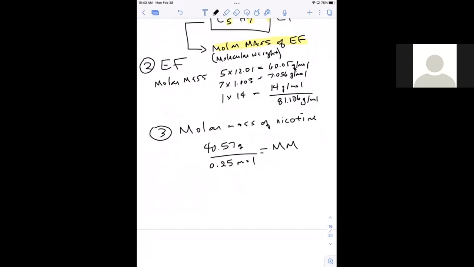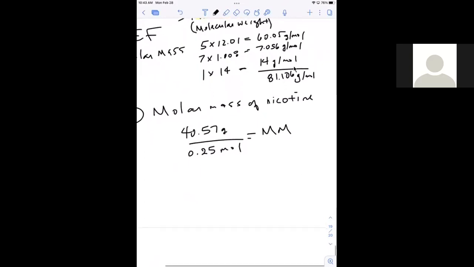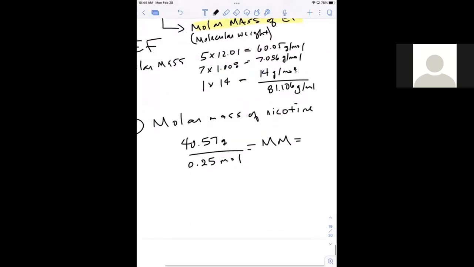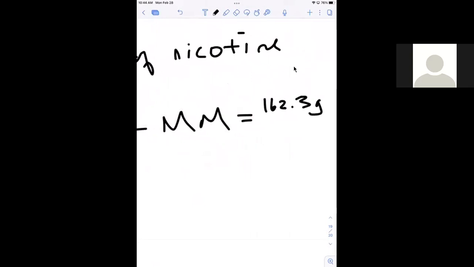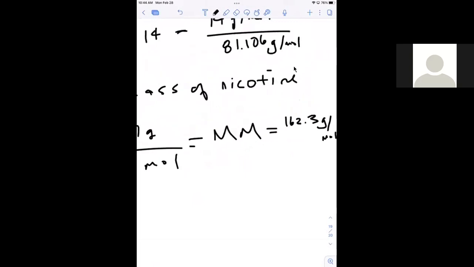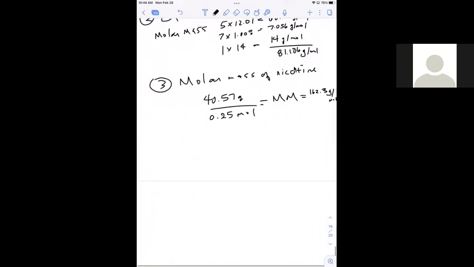All those terms are interchangeable. So can somebody calculate that real quick? We'll take it as 162.3 grams per mole. So that's the molar mass of nicotine itself.